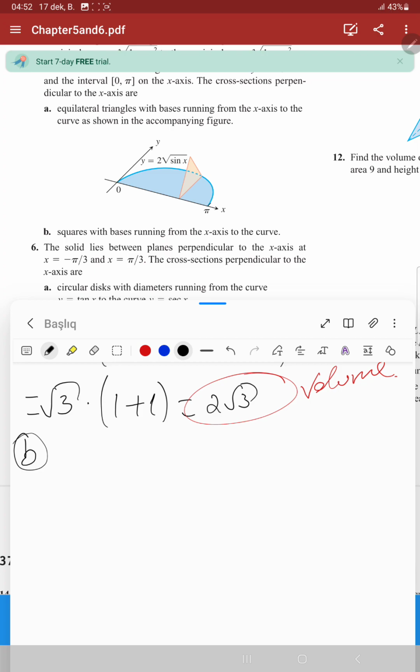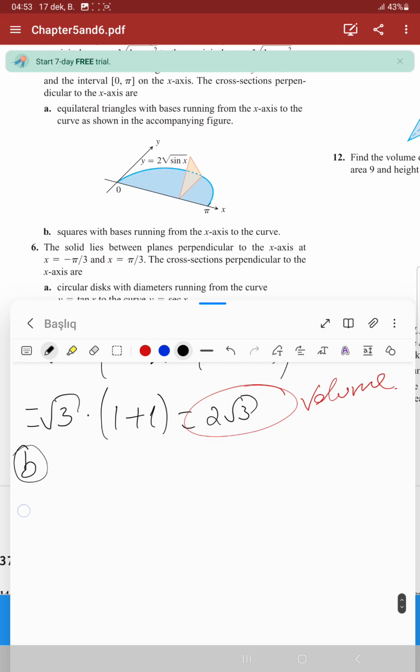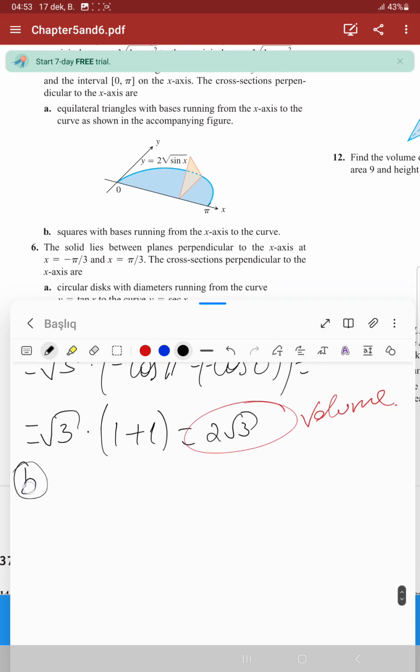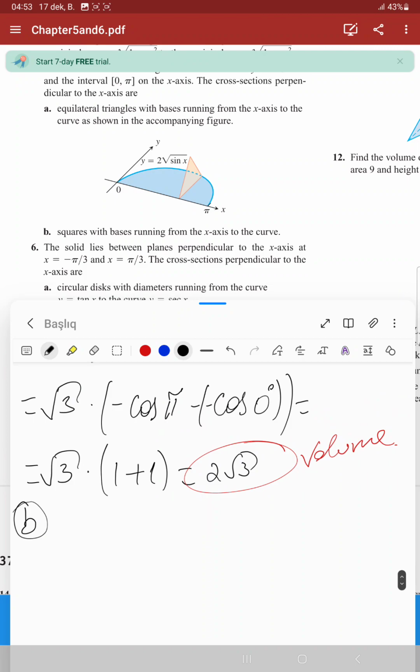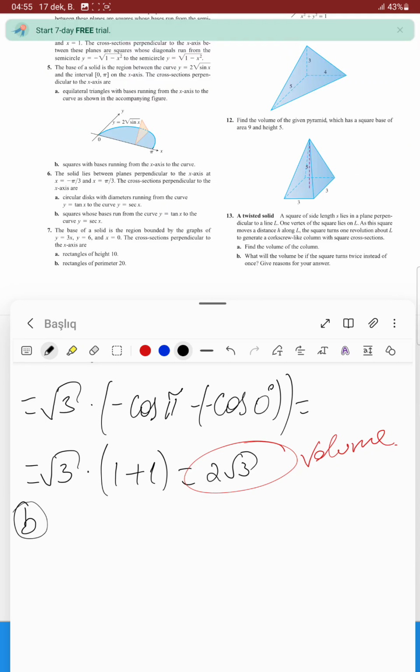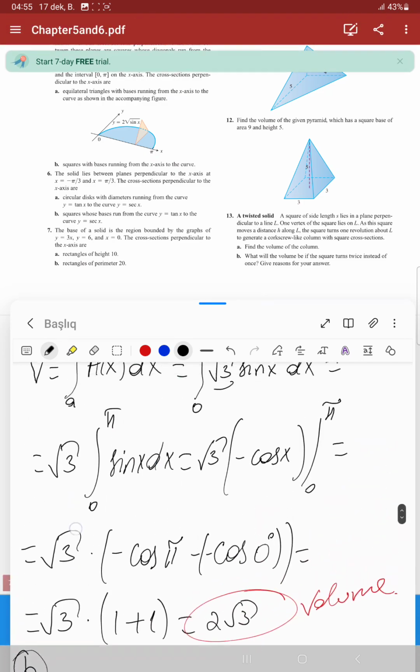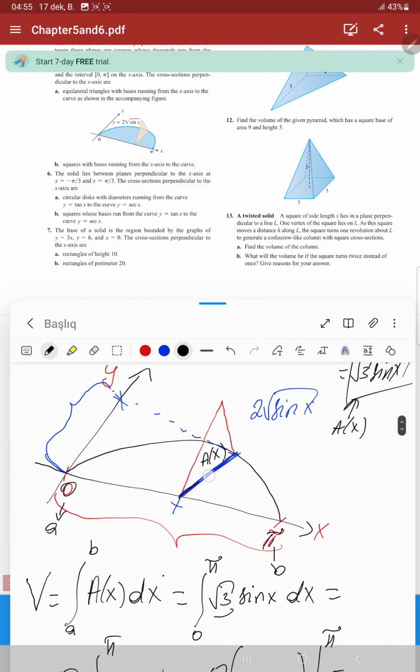Let's see B: squares with bases running from the x-axis to the curve. Okay, so what does it mean? It means squares with bases from the x-axis to the curve.